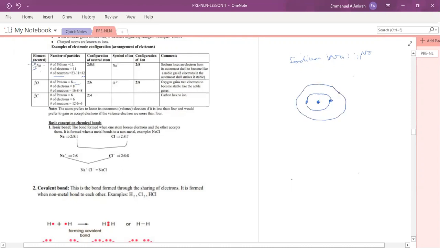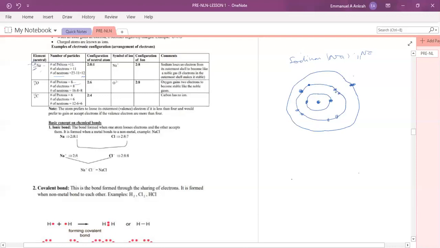You can't put in more. Now we can put in a maximum of 8 in the next shell. So that's 1, 2, 3, 4, 5, 6, 7, and 8. So we have how many? 10 now. So 2 innermost, maximum 8 in the next one, and then 1 more left. So 1 electron will go on the other orbit. So now I have 11 in all.